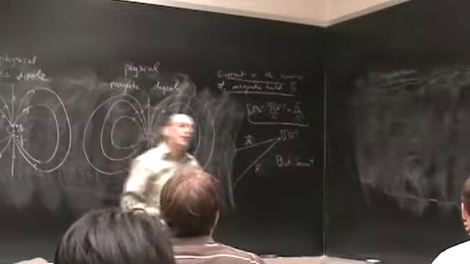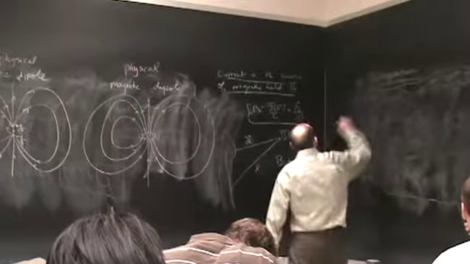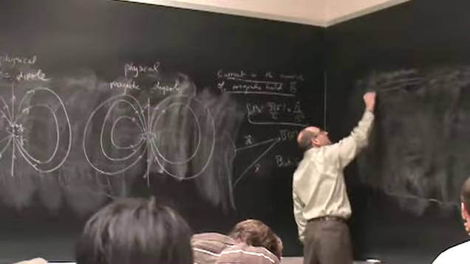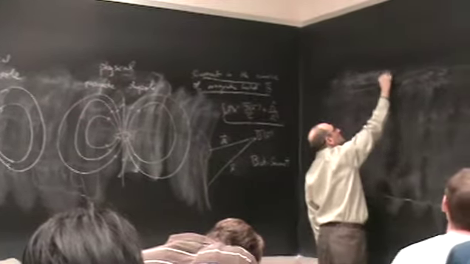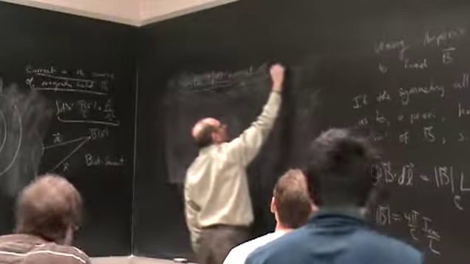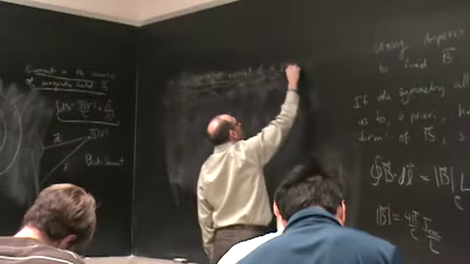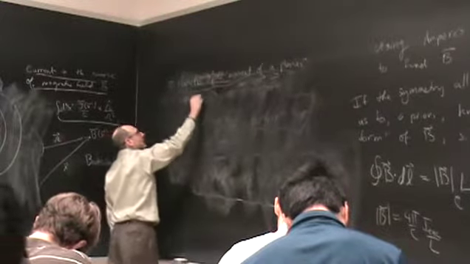Now there's one case where it's a little less annoying, and that's the magnetic dipole moment of a planar loop of current.